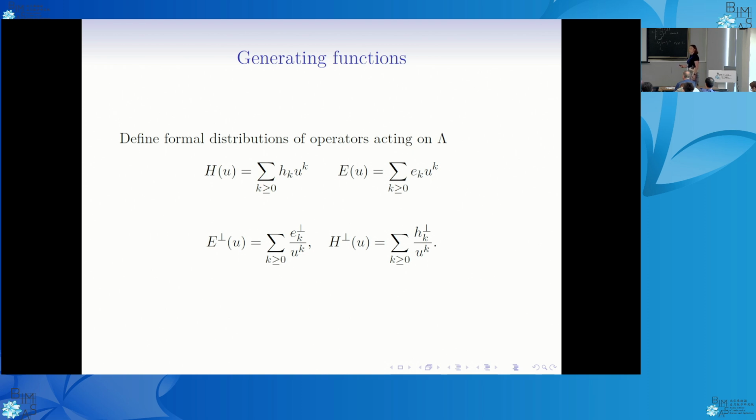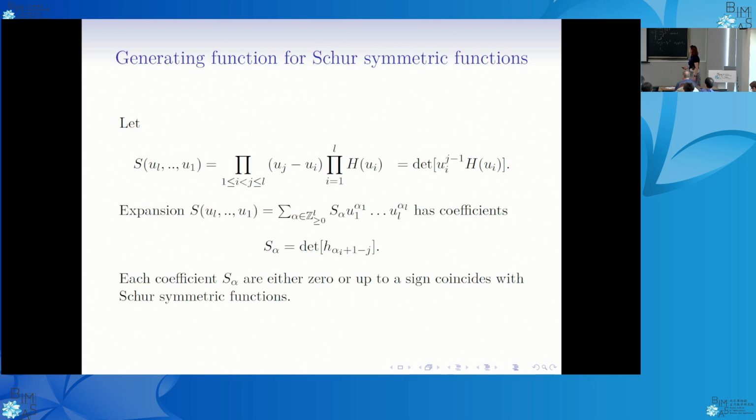So these are formal distributions of operators acting on the ring of symmetric functions, on the polynomial ring. And the next thing that we want to do is actually to create a generating function for Schur symmetric functions. And this is how we're going to define it today.